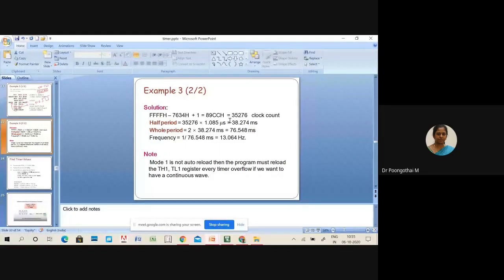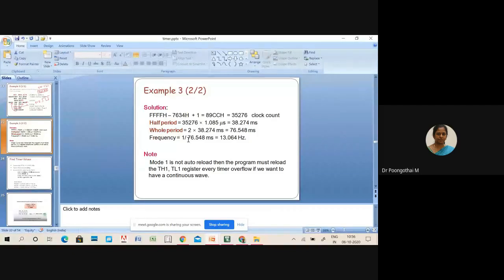So this many clock pulses are required to reach the maximum value. So 35276 into 1.085 microsecond. Multiply that value by 1.085 microsecond, you will be getting 38.274 millisecond. This is for either the on period or the off period.